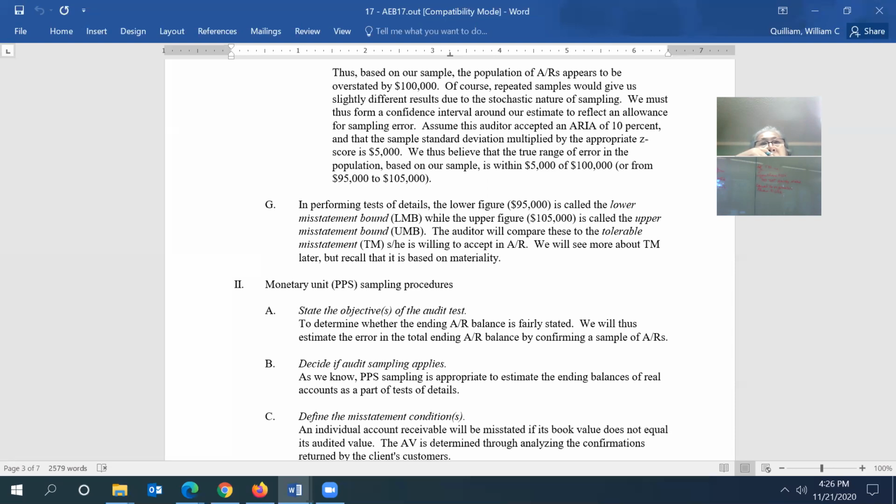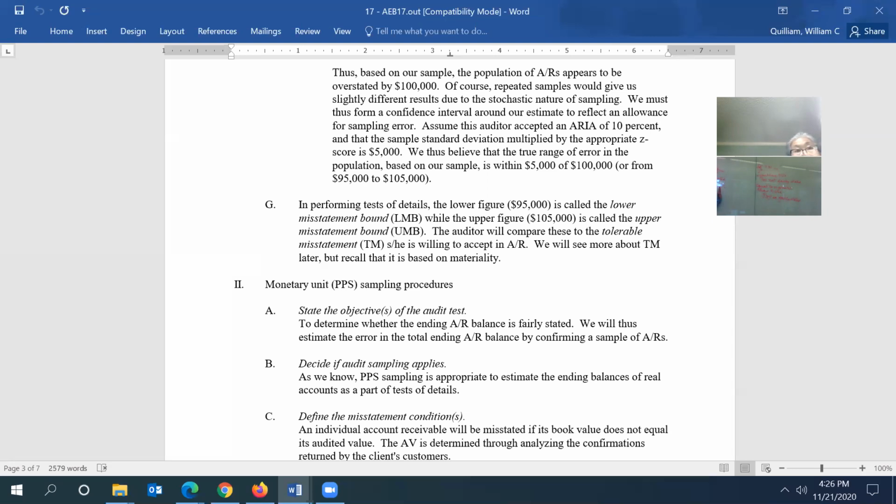On the other hand, if tolerable misstatement is equal to or greater than 105,000, we will conclude the population is fairly stated. And why?